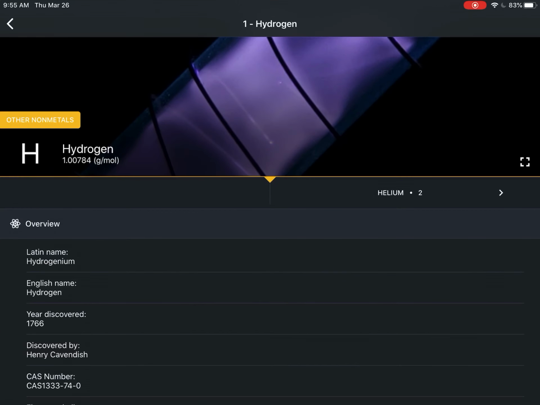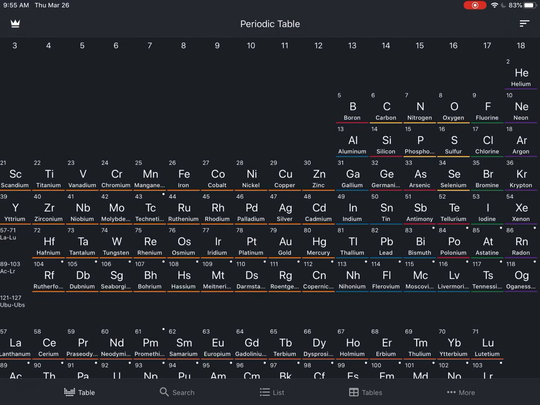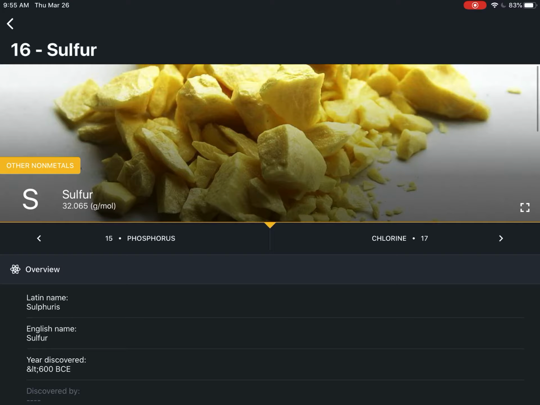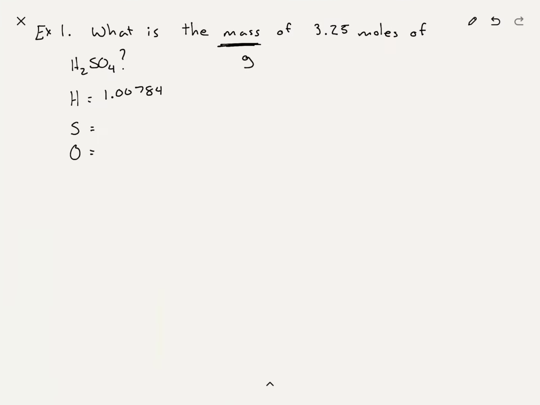Sulfur has a molar mass of 32.065. Let's write that to where you can read it.